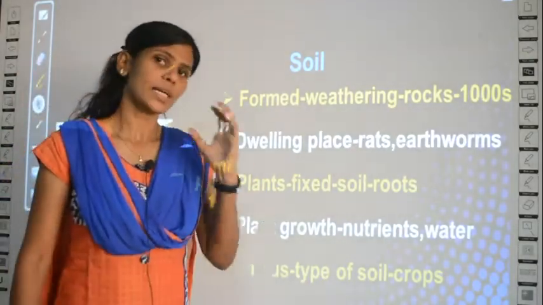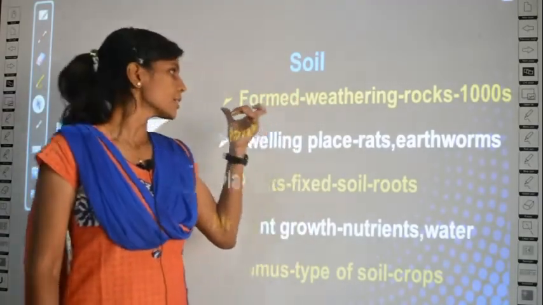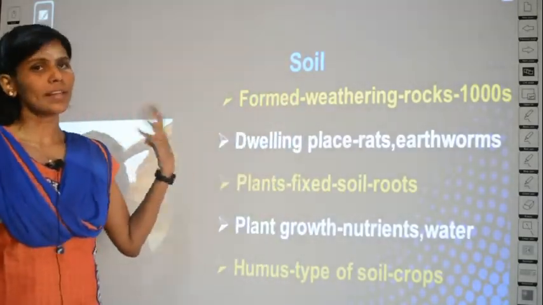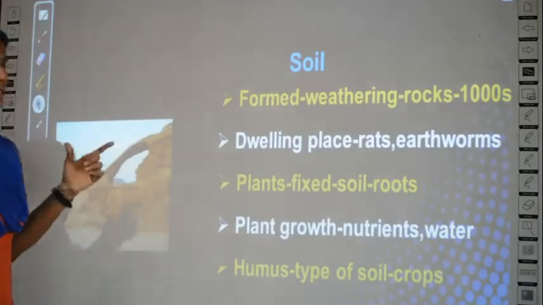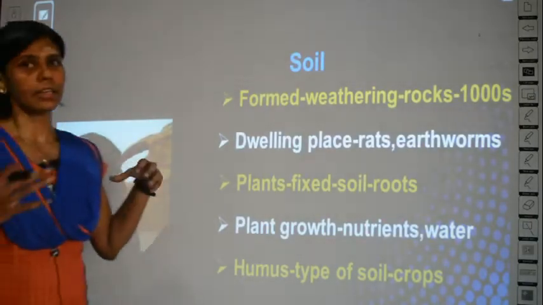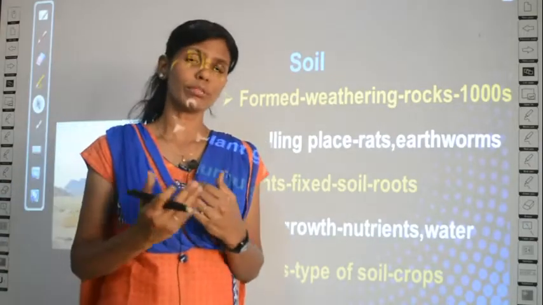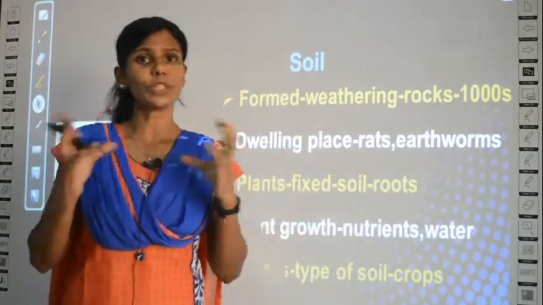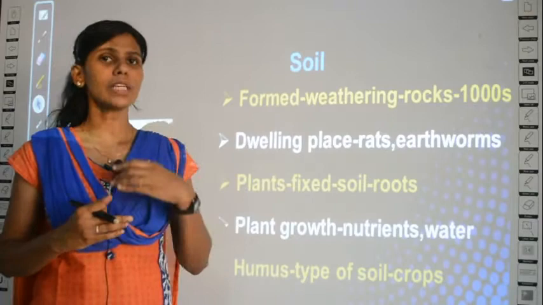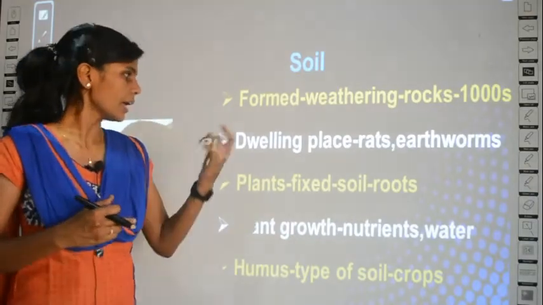So what have we studied about soil? Soil is formed by weathering of the rocks. Big rocks, after they weather or are broken down into small particles after thousands of years because of fluctuations in weather, that is repeated hot and cold conditions in the environment.